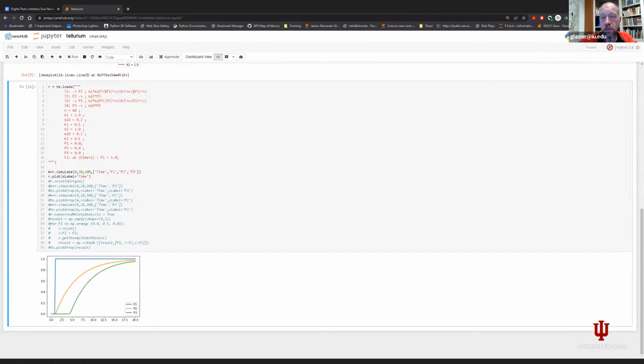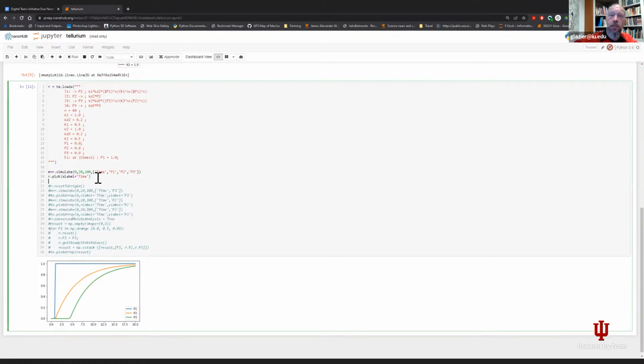And I can put this code in the chat, if people want. Now, the output of this is in M. So if I look at M, let's print M and see what that looks like.